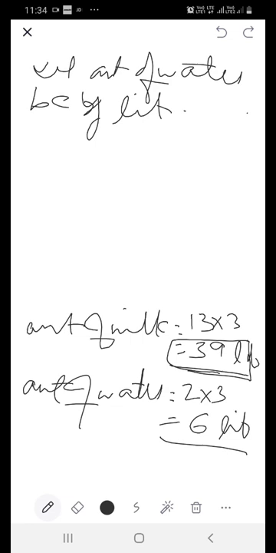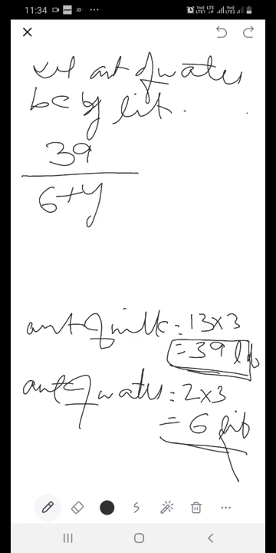The volume of water will become 6 plus y. 6 was at the beginning, y liter water has been added, so it will become 6 plus y.